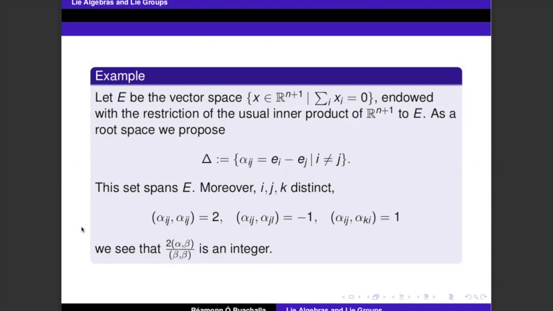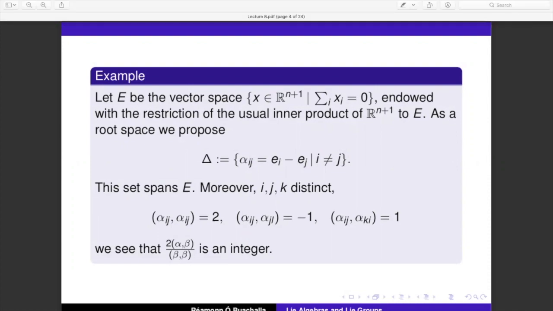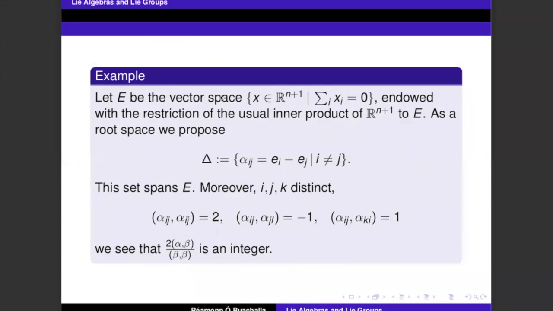Let E be the vector space. So it's going to be those elements inside R to the n plus 1, such that when you add up the terms inside here, so we're writing this as x is equal to x1 up to x to the n plus 1, all right, and then when we add up, we take the sum of all of these, the sum is zero.